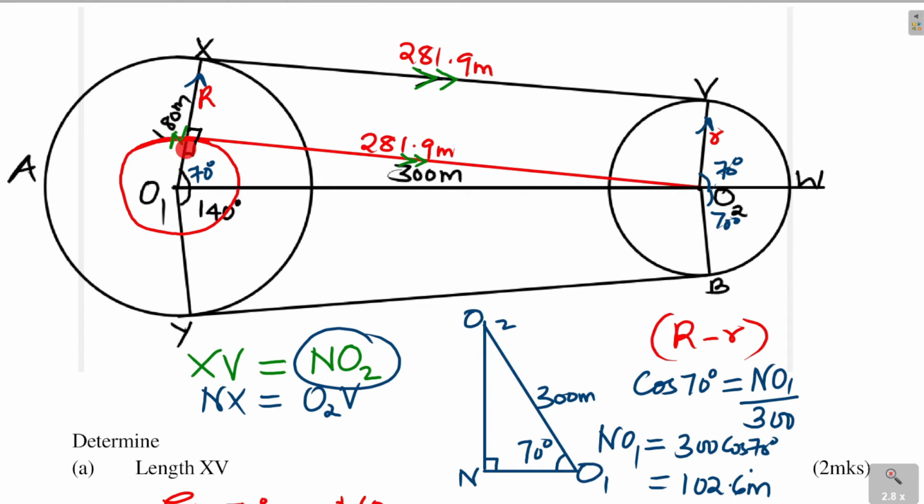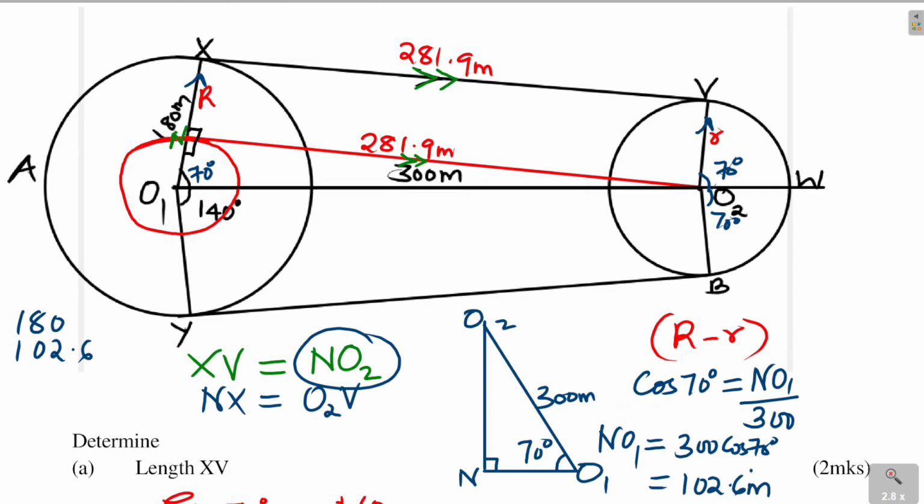So that is the length of this part here, NO1. Definitely, if the whole radius here is 180, you can get the remaining part. The whole length here is 180, and we have obtained NO1 as 102.6, so we simply subtract: 180 minus 102.6, not degrees, it is meters.